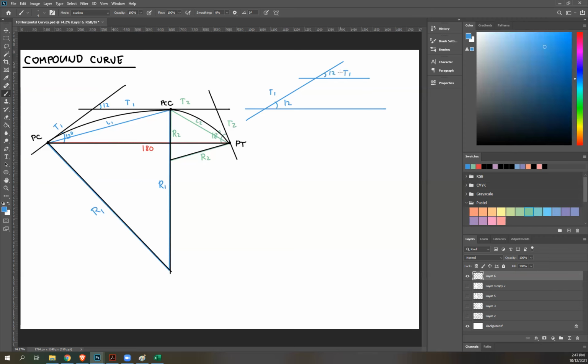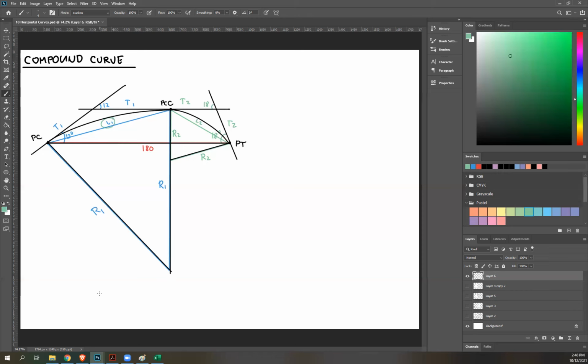So this is why it's important to remember your theorems and angles. So 12, 12, and on the other side, that's also 18. And remember, those angles are actually your angle of intersection I. So now I have I. So the only problem now is to get L1 and L2.